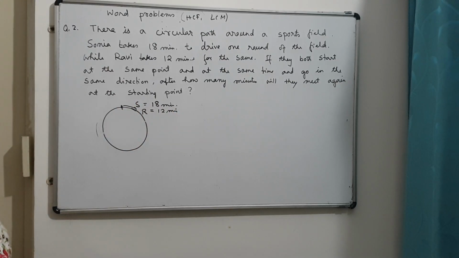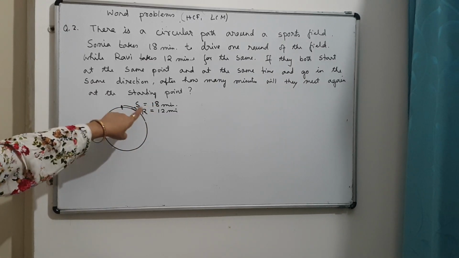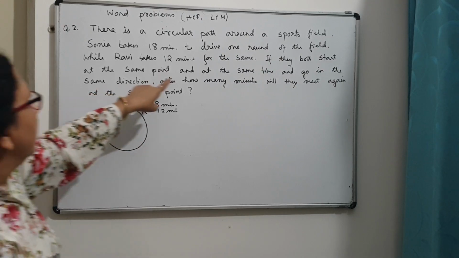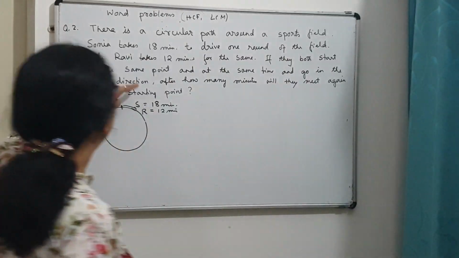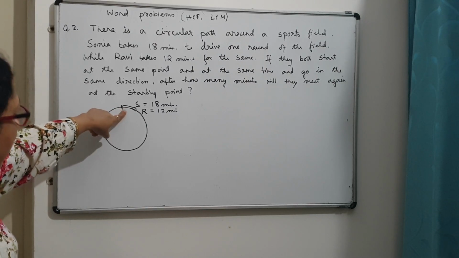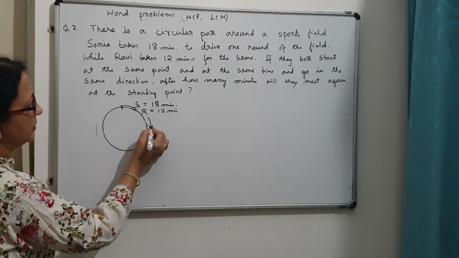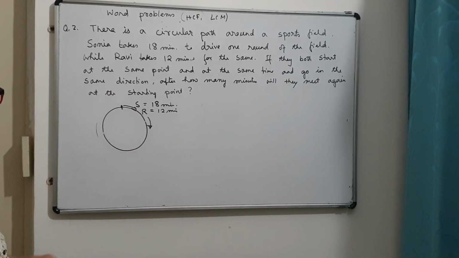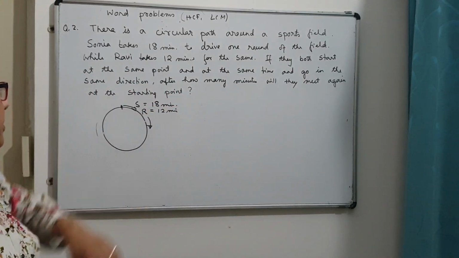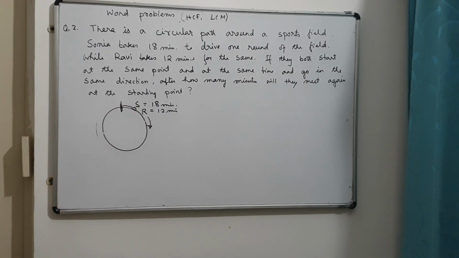These are given to you. So these are the times taken by Sonia and Ravi for completing one round. If they both start at the same point, here, at the same time and go in the same direction, both going clockwise, after how many minutes will they meet again at the starting point? So this is the starting point.